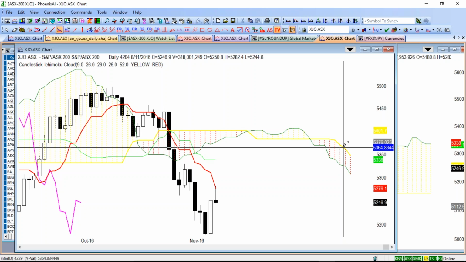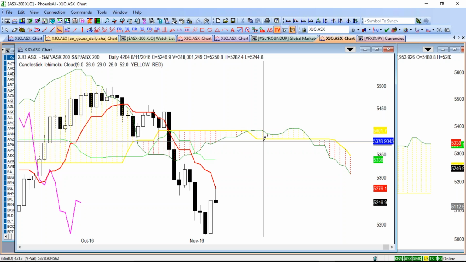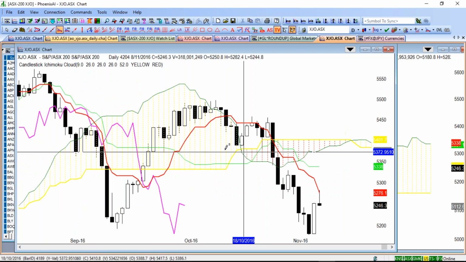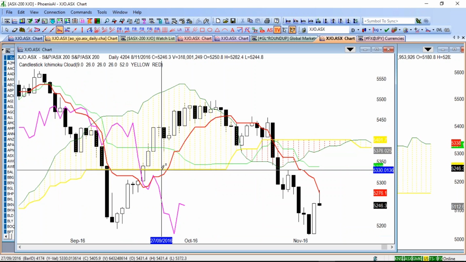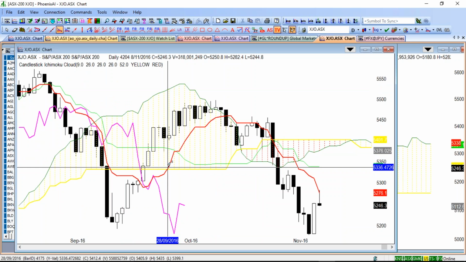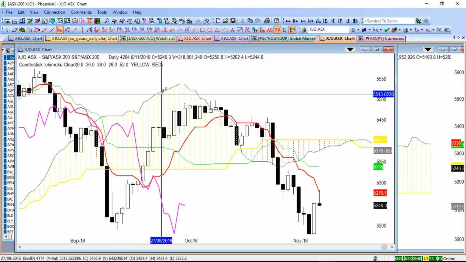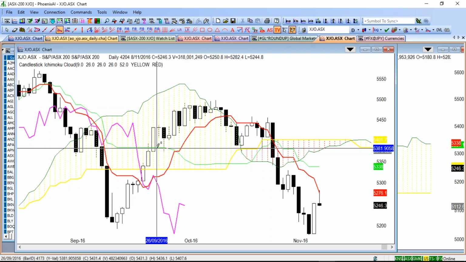Now the observation of the cloud at the moment in comparison to the past, if we go back a little bit, we can see that through September, October, the cloud was quite wide. So it is deemed to provide a wide range of support. It takes a lot of effort to get through a wide cloud.